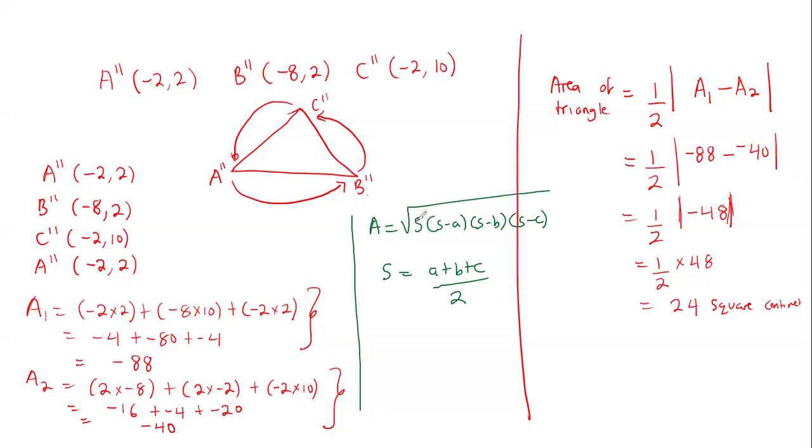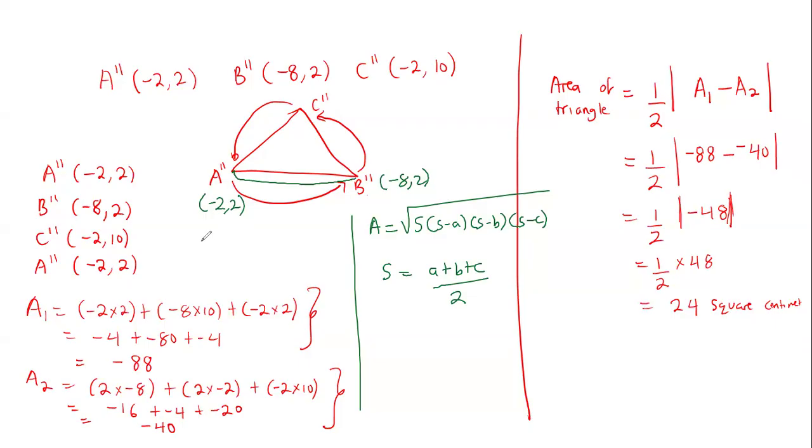Now, this one requires you to find the length of the sides. Take an example: this is A double prime, which is negative 2, 2. This is B double prime, which is negative 8, 2. So you find the distance between A double prime and B double prime.